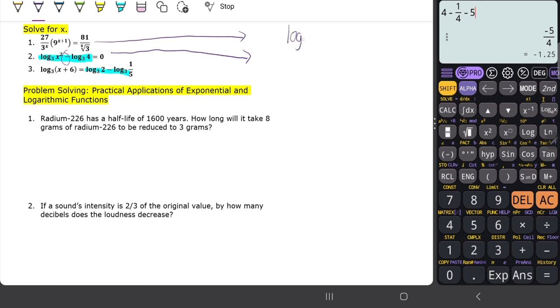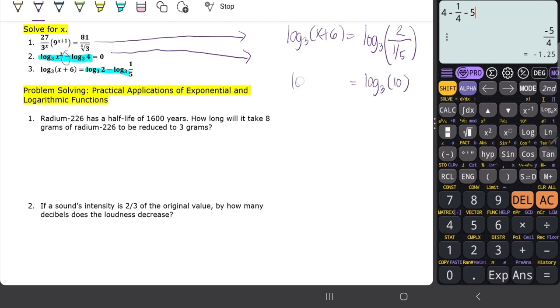So, log base 3 of x plus 6 sa left side. And for the right side, if we combine the two terms by quotient rule, that becomes log base 3 of 2 divided by 1/5. So, 2 divided by 1/5, that is 10. So, log base 3 of 10.